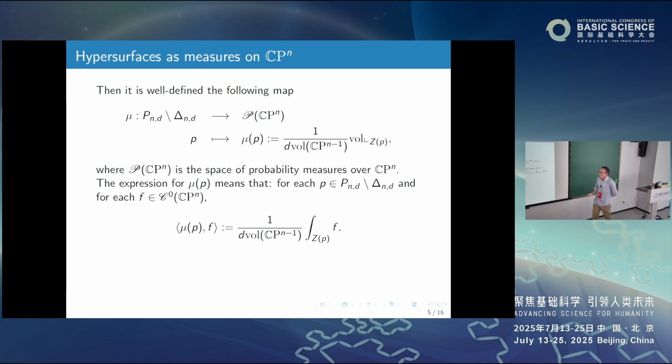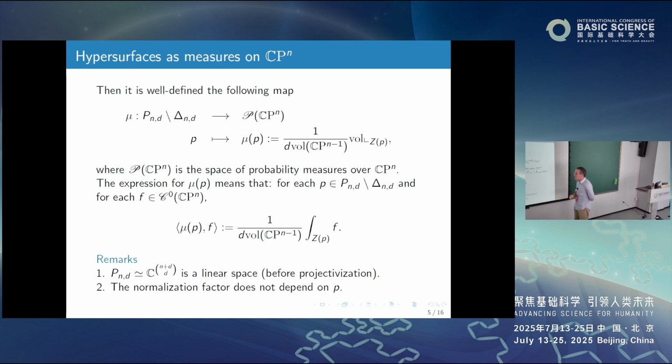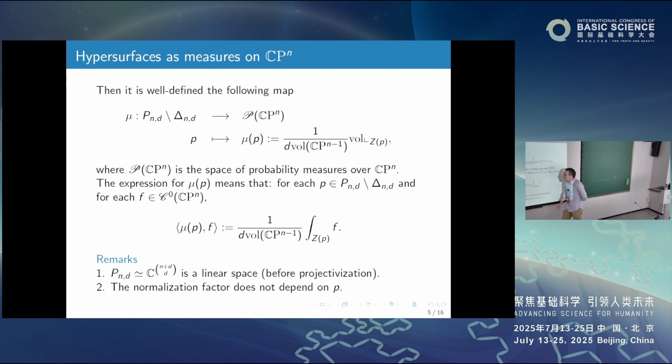Okay, so anyway, what we have done so far, we have to think about this space of polynomials like any linear space, because if you identify any polynomial with the coefficients defining it, this will be just C to a certain power, that just depends on the number of variables and degree, so it's just a linear space.